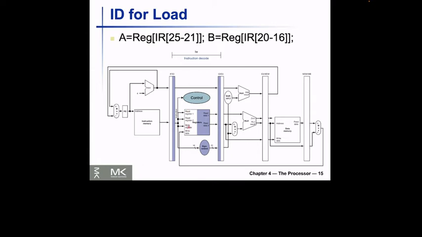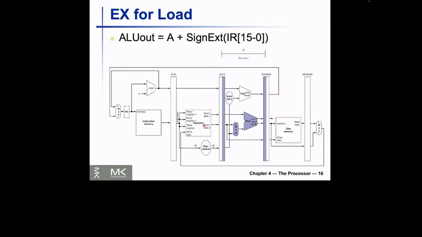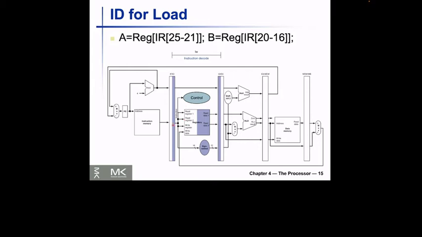This write register will be RT. By the way, in this stage, the immediate field in the instruction also goes through sign extension, and the result is also stored in the ID/EX register. Okay?